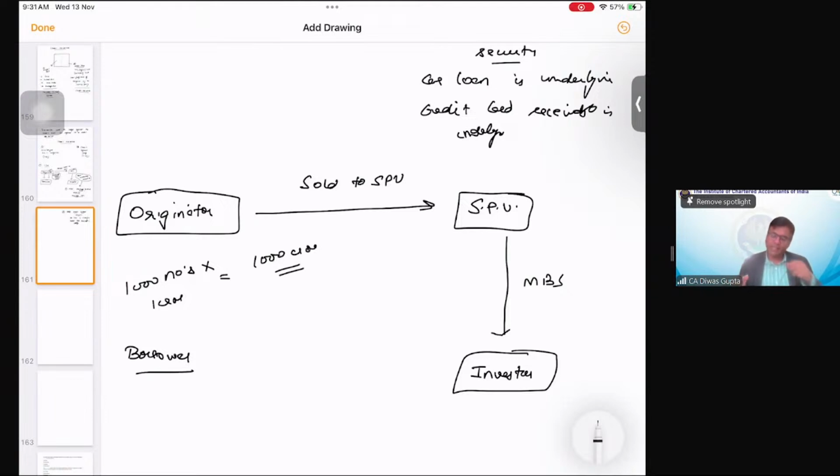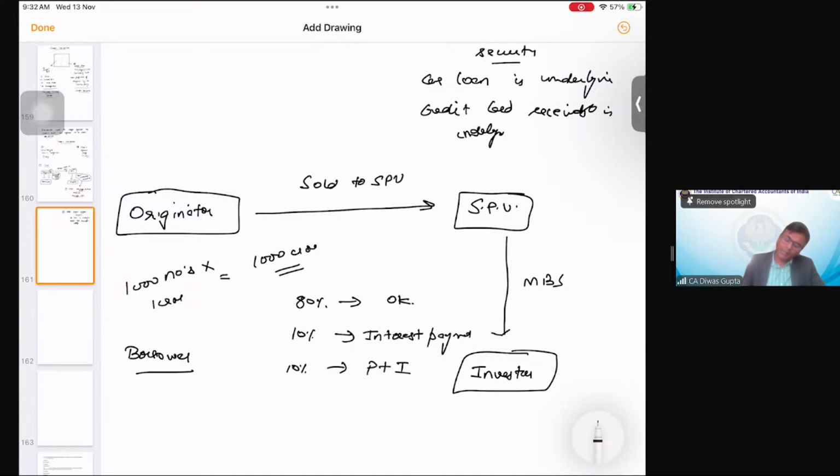So here what we were saying is, if we evaluate this portfolio of 1000 crore, we reach a conclusion that 80% of them are okay because their credit rating is good. The borrowers will be able to repay, and they don't have a history of default. 10% will default on the interest payment. Another 10% will default on both principal plus interest.